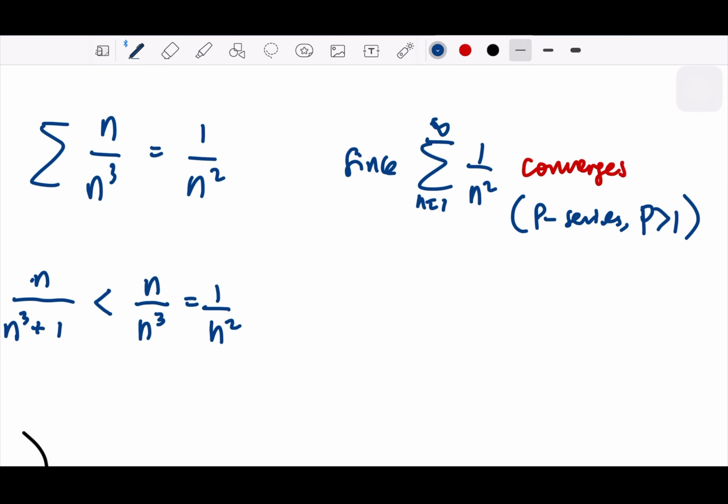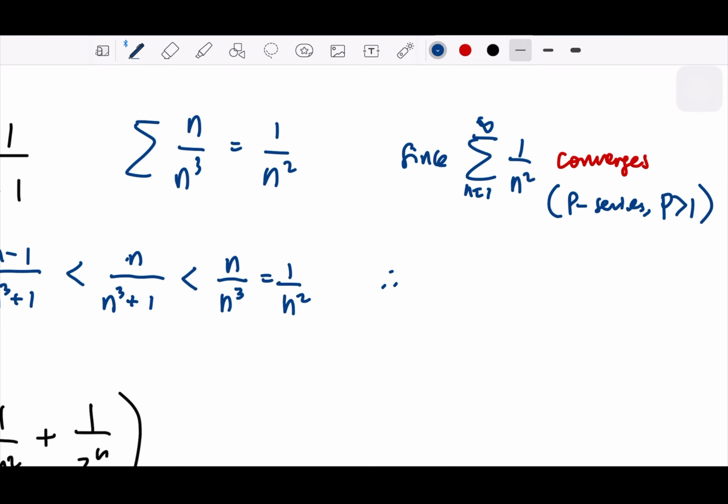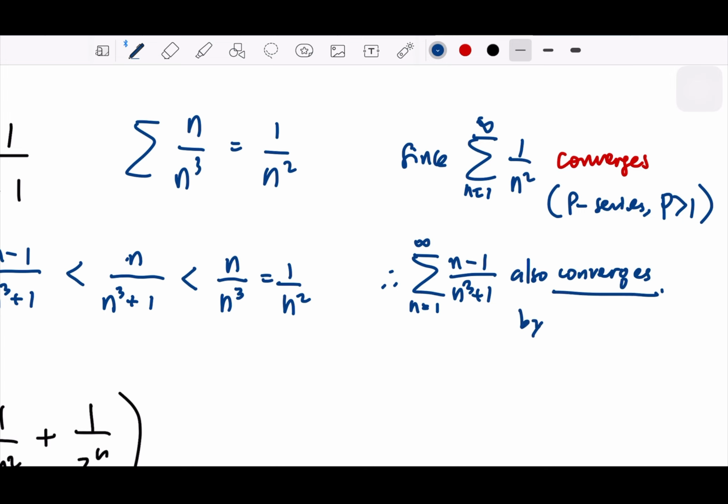Okay, so this will result in n minus 1 over n cubed plus 1 also converges by direct comparison test.